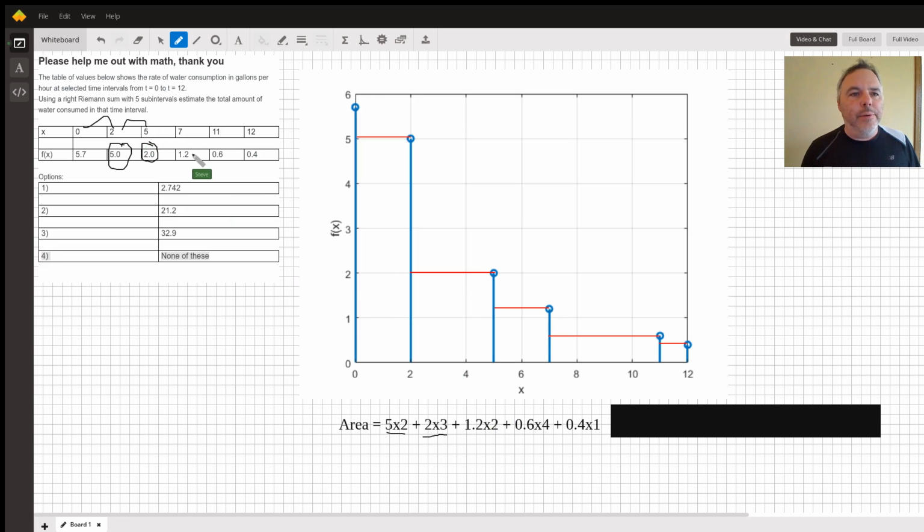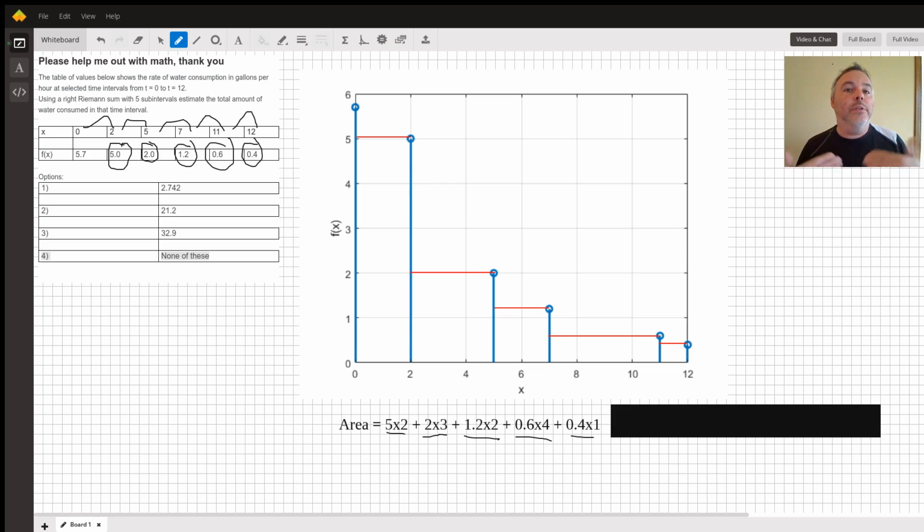The next one, I take this 1.2 and this difference, which is 2, so 1.2 times 2. Then I take 0.6, hopefully you see the pattern, times 4. And finally for this one, that difference is 1. You can either use just the table, but I like to visualize it.